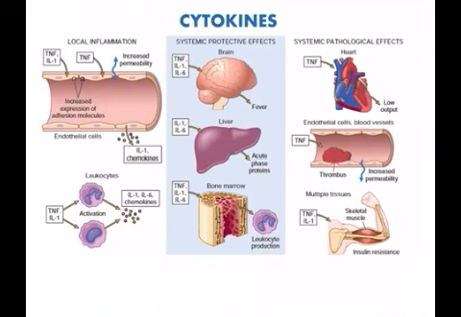So, right, let me explain about some of the cytokines which are commonly observed or commonly renowned. Tumor necrosis factor, interleukin 1, interleukin 6. These are some of the common cytokines which are involved in inflammation. Let us see their actions.